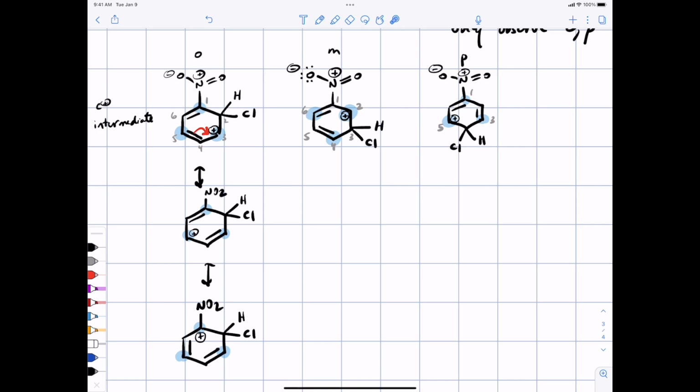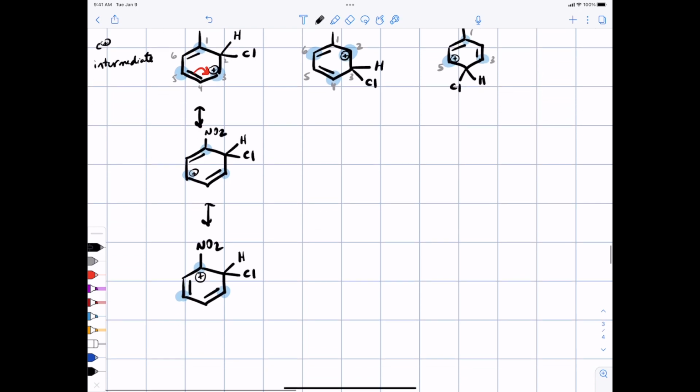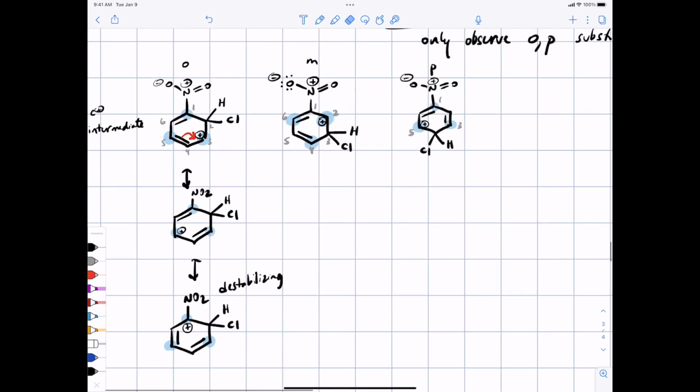So that's destabilizing. You could think of it as charge repulsion. And the same thing for the para-substituted carbocation: the positive charge is again adjacent to that nitro group, which has the positive charge on it. Meta, well, at least the positive charge is not adjacent.